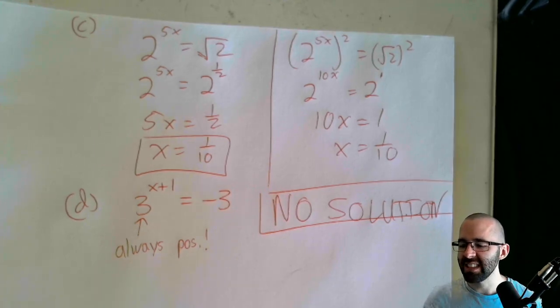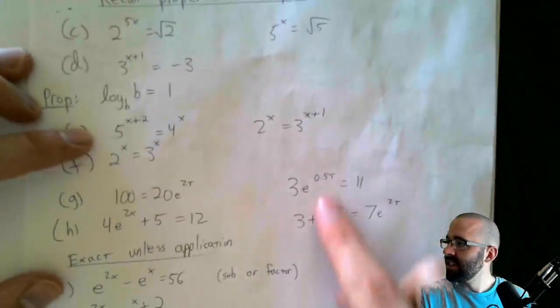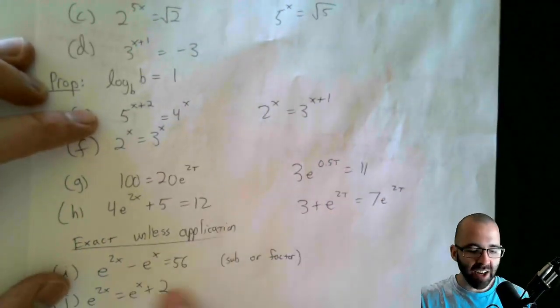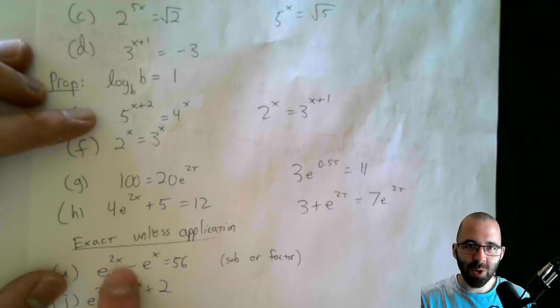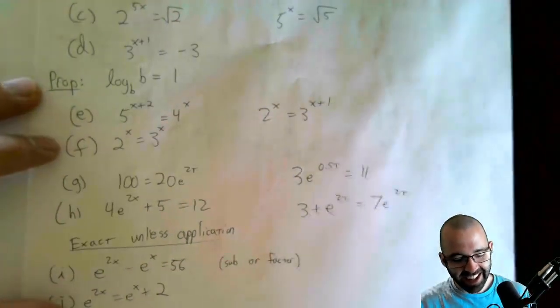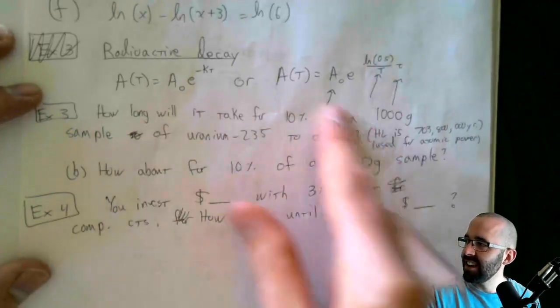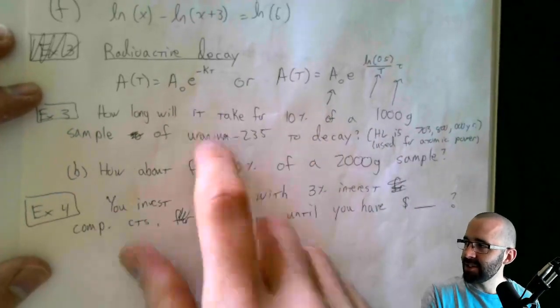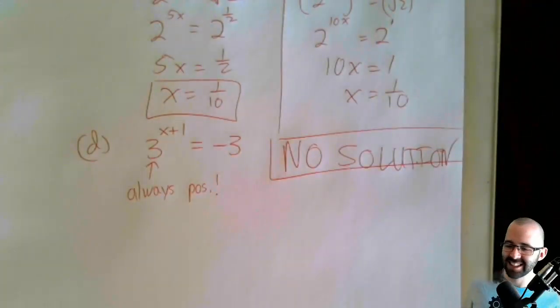We've got juicy stuff on Friday. We're going to use some logarithms to solve some of these ones. We're going to have to sometimes substitute to solve quadratic equations. And then we get to use radioactive decay and exponentials to solve some application problems. Friday's going to be a good section.